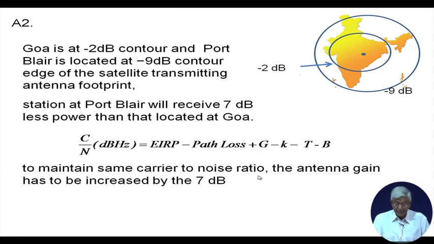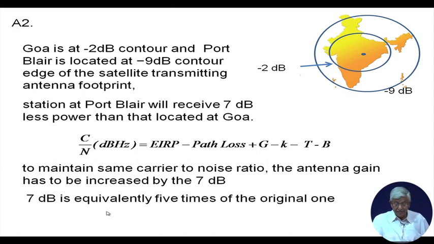To maintain the same carrier to noise ratio, the antenna gain has to be increased to the minus 2 dB level, so increase by 7 dB. The question was not in terms of dB, so 7 dB is equivalent to 5 times the original one, when you convert dB to ratio. So, the correct option is C, that is, to be increased.